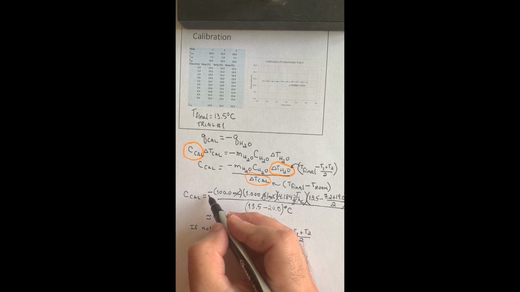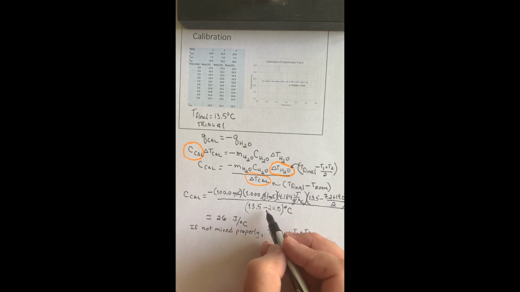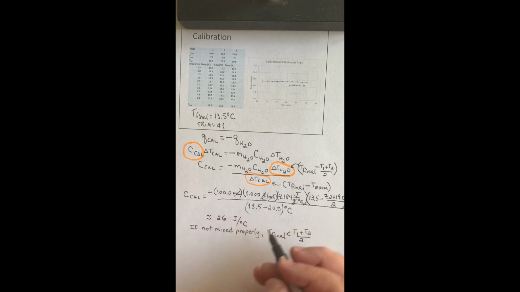As a result, when you plug that number in here, this is going to be negative. Then it'll be a double negative, so it'll be positive. The bottom of this operation is always negative. So what will happen is that you'll end up with a calculation of the heat capacity of the calorimeter coming out negative. And this is an error.